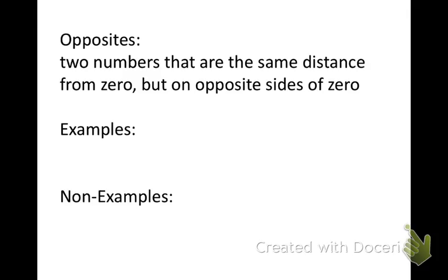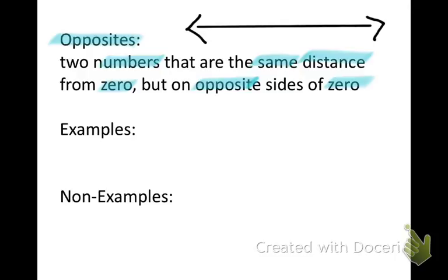The first vocabulary we are going to be covering is opposites. Opposites are 2 numbers that are the same distance from 0, but on opposite sides of the 0. So let's say I have a number line, and I'm trying to find opposites.